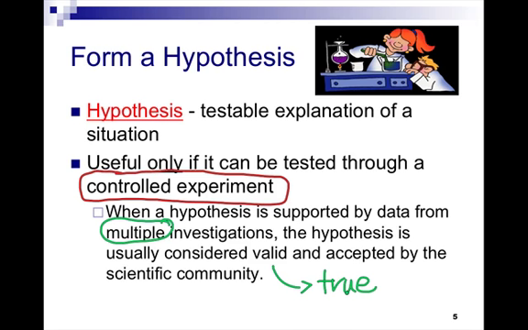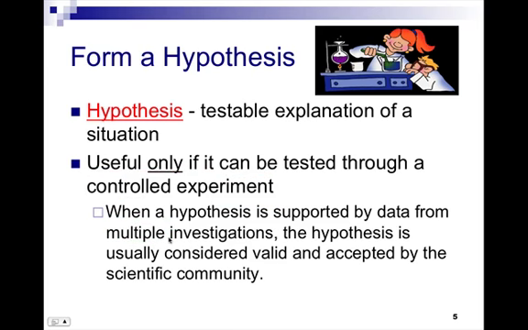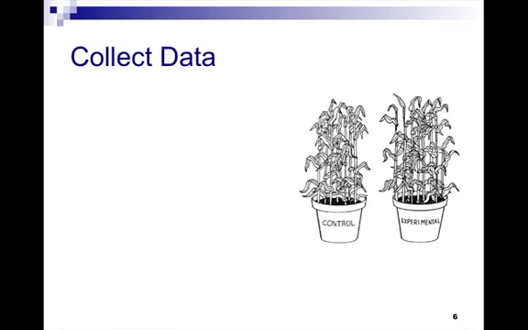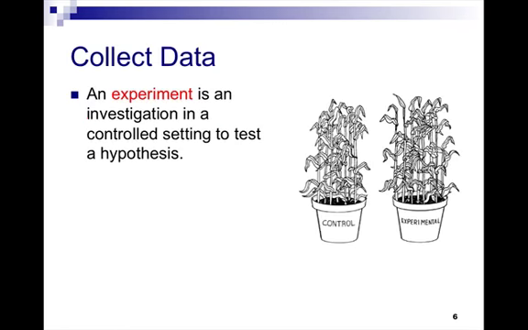So once again, a hypothesis is supported by data from multiple investigations. That's the key. So once we form a hypothesis, then we need to collect our data by doing an experiment. And an experiment is an investigation in a controlled setting to test a hypothesis.